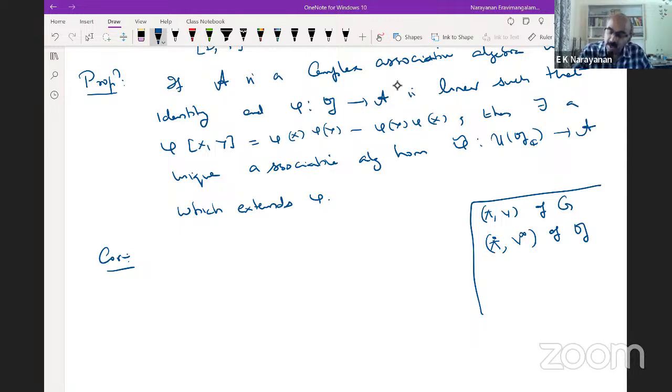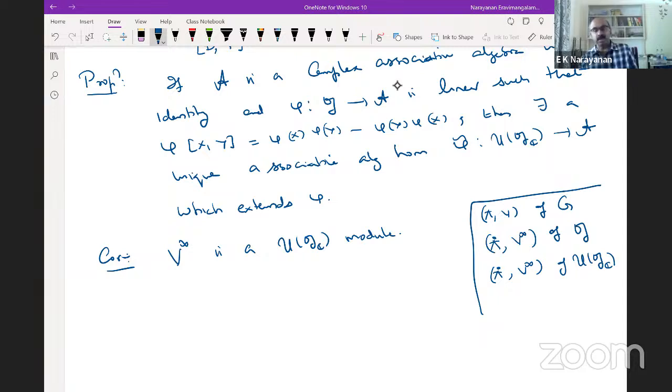So this will extend to a representation which we will call pi dot again of UGC, because a Lie algebra representation extends to a representation of UGC by this proposition. So in other words, V infinity is a UGC module.